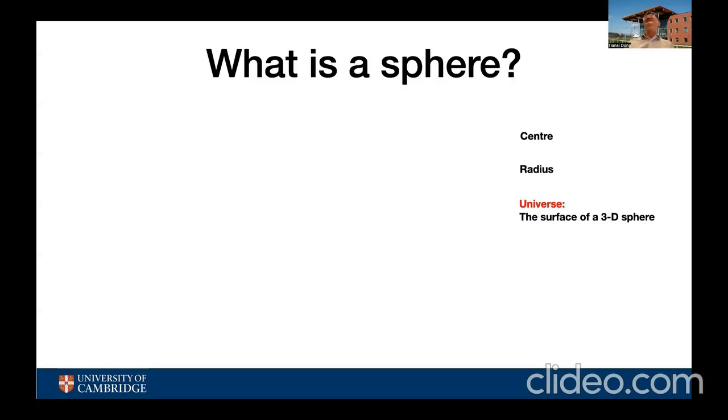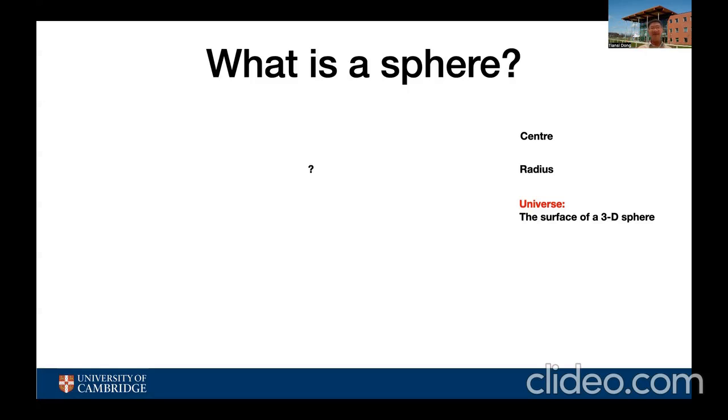Actually, it's a set of points that has a constant distance to the center. Yes, but what's the shape of this sphere? Yeah, locally it is Euclidean, but globally it is a sphere. But it's on a 3D surface.